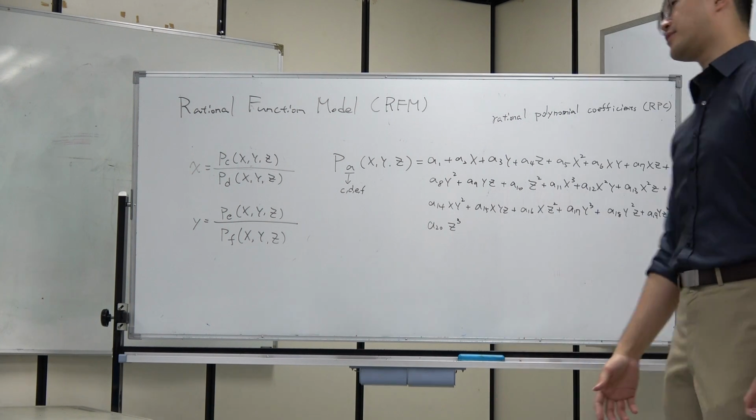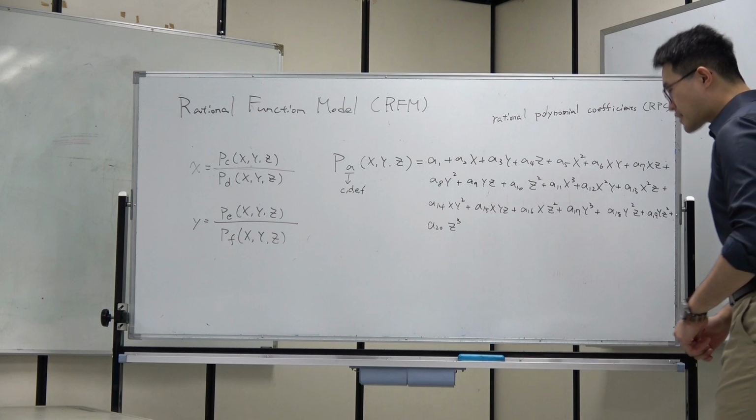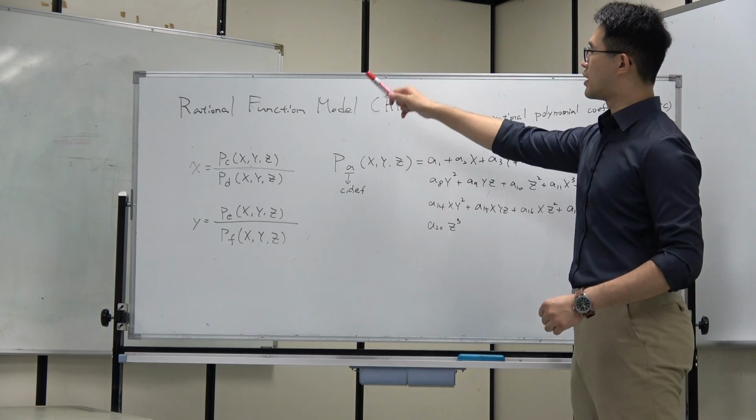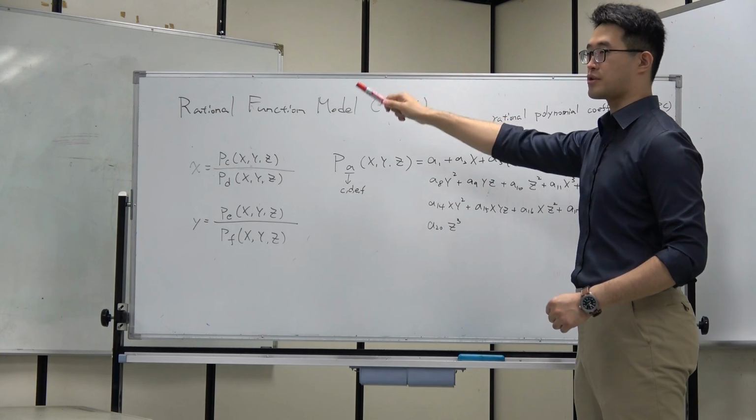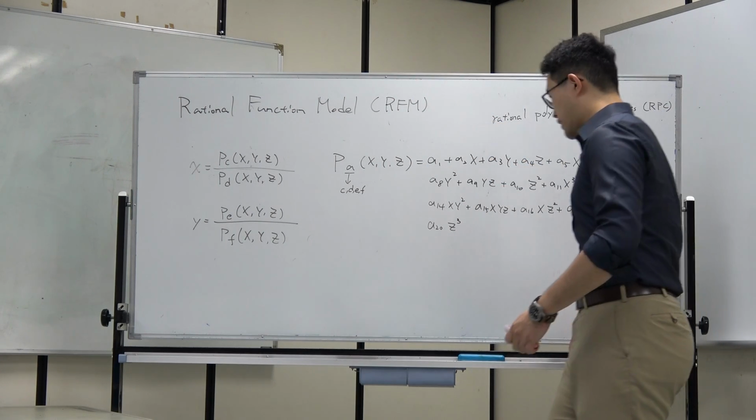A much easier mathematical function to do that. In this case, that function is called the rational function model, RFM.